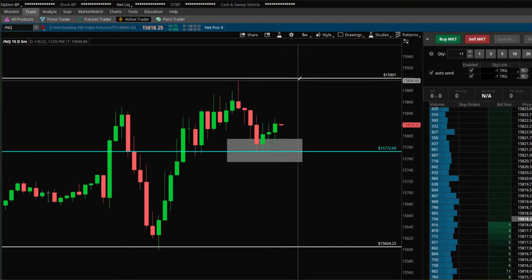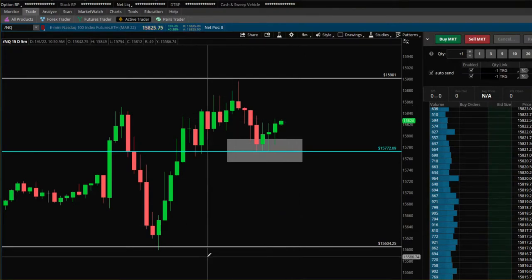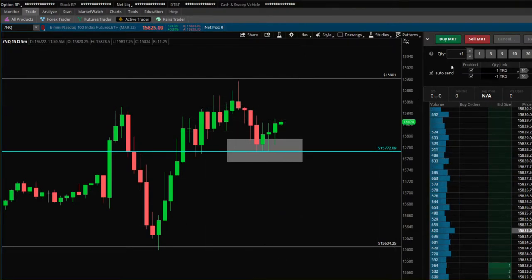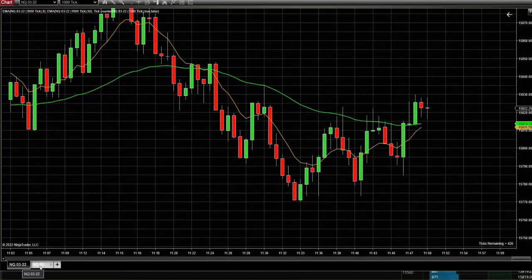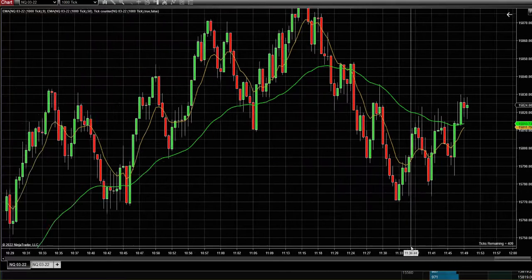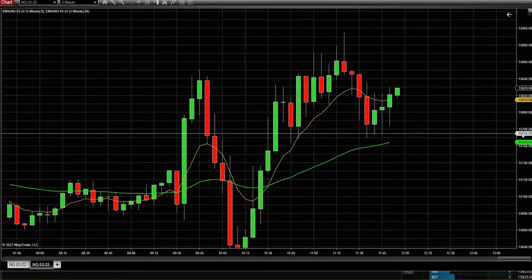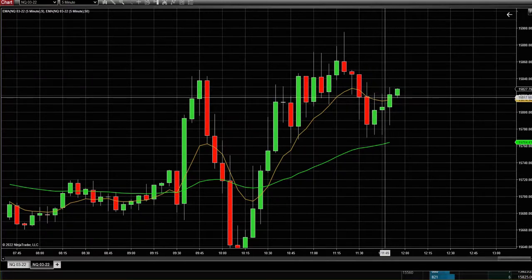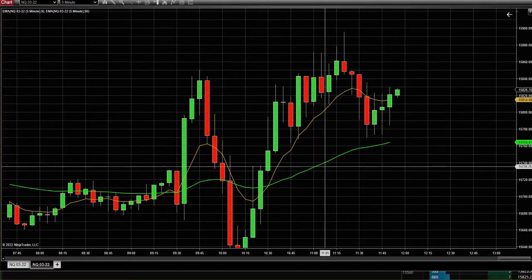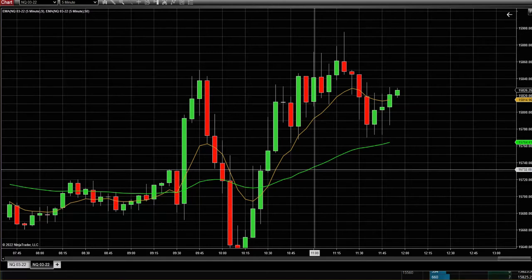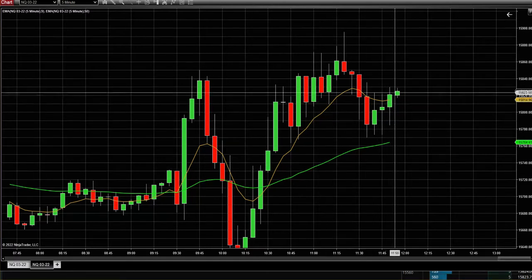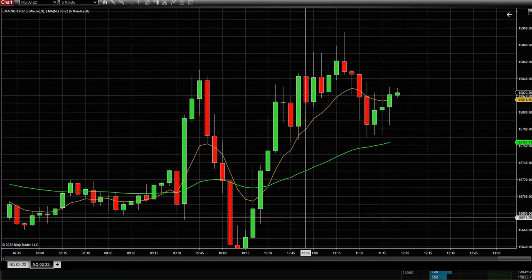But again, at that time, you will read the candlestick structure to see what is going on in the lower time frame.